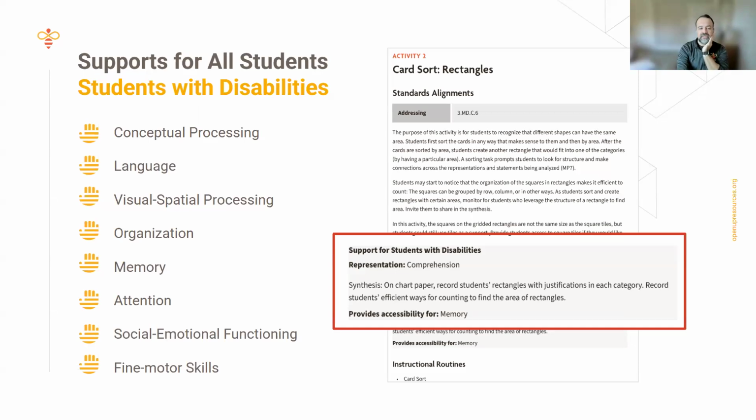But one thing I think is really important is, you've got this callout here, and it's going to provide accessibility for students for whom memory is just a challenge. But at the same time, this is just really good teaching. And even though it's designed to maybe specialize in a student with a particular need, it's going to be good for all students.